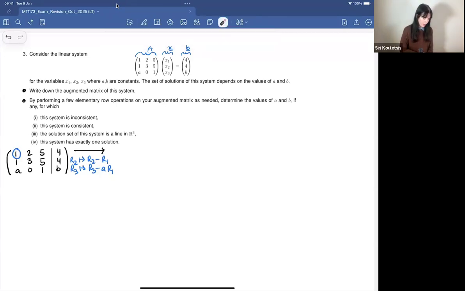Notice here we don't know the value of A, but no problem. If it's 0, we're not doing anything to row 3. If it's non-zero, then we are deducting A times row 1 from row 3.